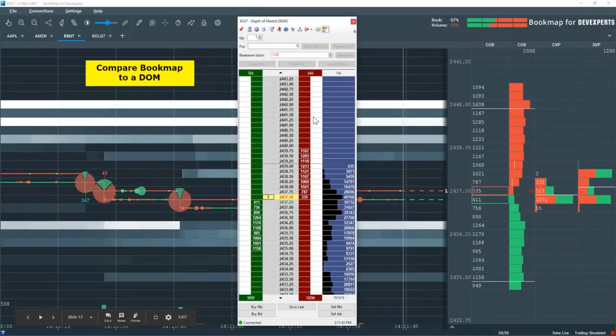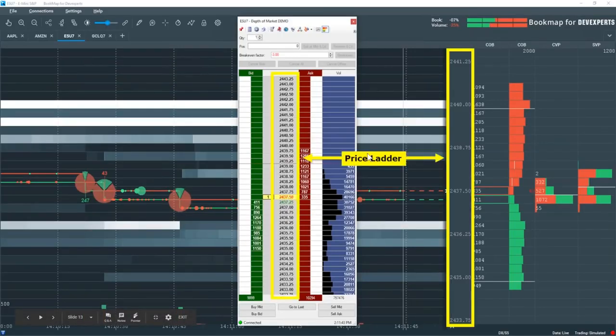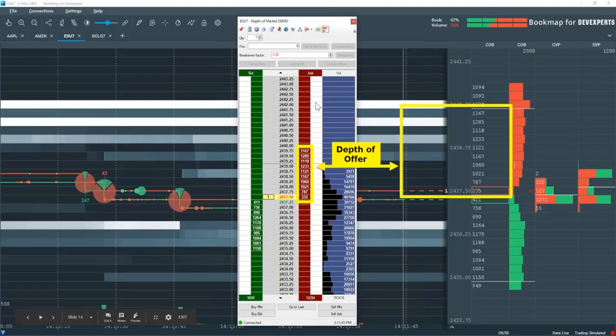But I do want to compare this to a DOM just so you really get this down. Here's our DOM. We have our best price here. Let's go through the price ladder as you can see in the DOM, and here it is in Bookmap. The depth of offer: here it is in the DOM, these numeric values, and you can see that those numeric values match up here in Bookmap.